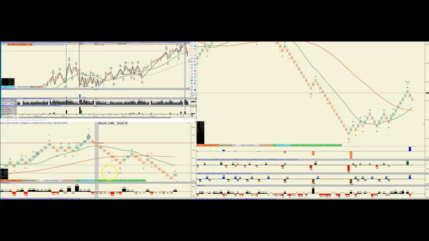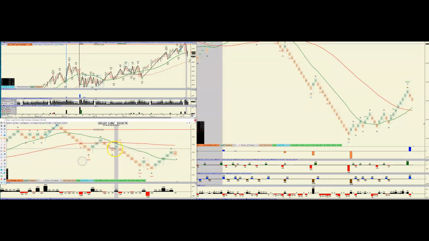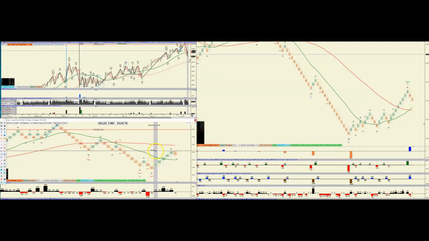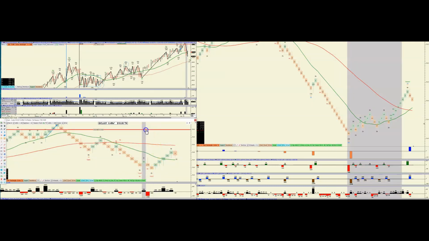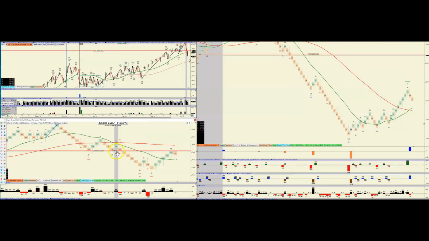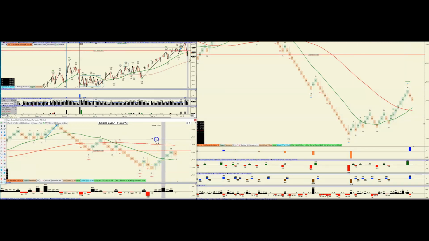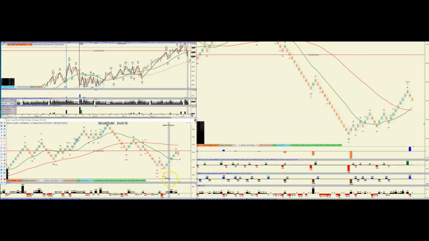Now look at this. Now that it rallied down, guess what? You're coming right back to the breakout, which is also the pivot area, and that is setting up another opportunity.